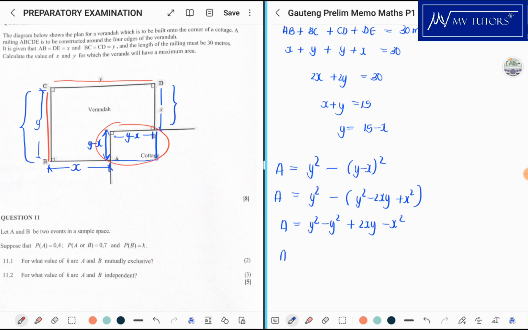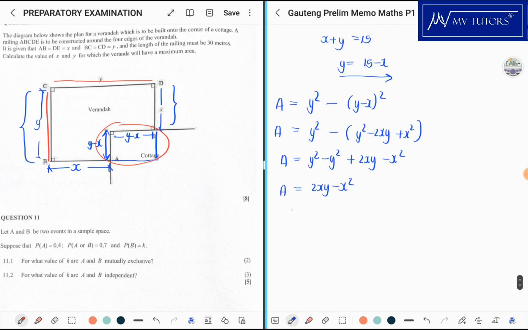So my area is 2xy minus x squared. But this is where this comes in: y is actually 15 minus x. So my area in terms of x is 2x times 15 minus x, minus x squared.